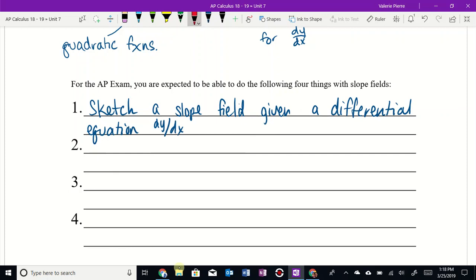Second, given a slope field, you're going to need to know how to draw a particular solution.